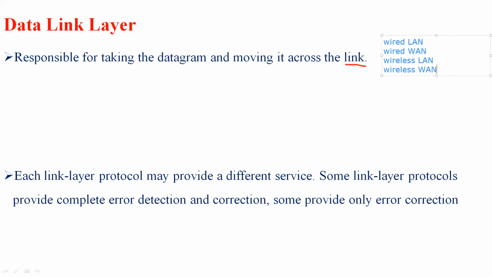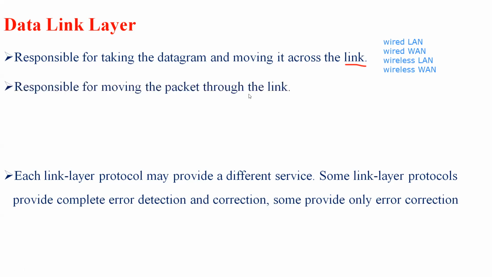So it is responsible for taking a datagram and moving it across the link, while this link is either a wired LAN, wireless LAN, wired WAN, or wireless WAN. By using this link, it will eventually move the packets from one node to another.